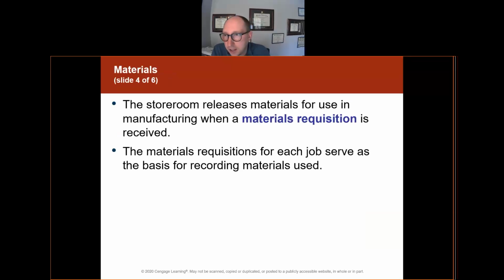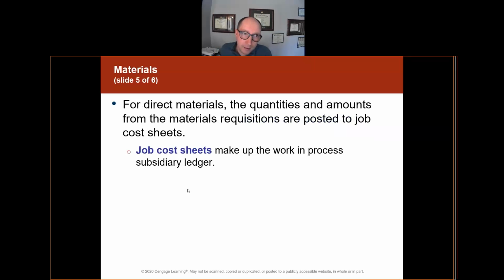When I'm ready to use the raw materials for a job, I complete what we call a materials requisition form. This form serves as the custody basis for the raw materials, also known as chain of custody. And that chain of custody goes to what we call a job cost sheet.